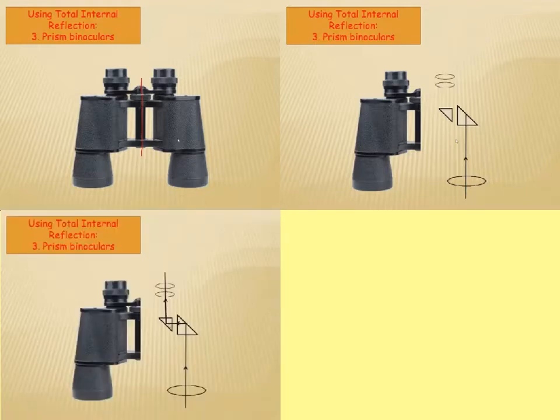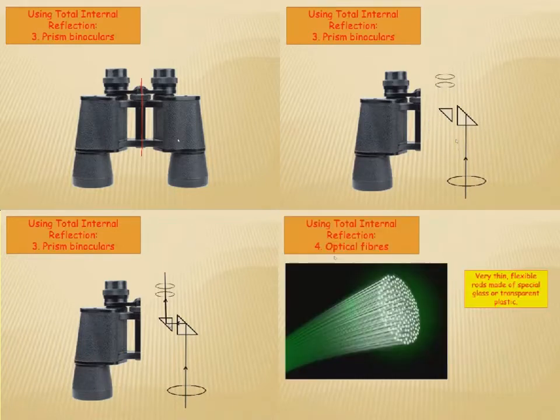Basically you're decreasing the length required because you've got total internal reflection in these prisms inside the binocular. And also finally, in fiber optic cables, which are used to transfer information in terms of light. They're very thin, flexible rods of transparent plastic or glass, and they're usually used to send internet data or telephone calls. It is a very efficient way of sending information.